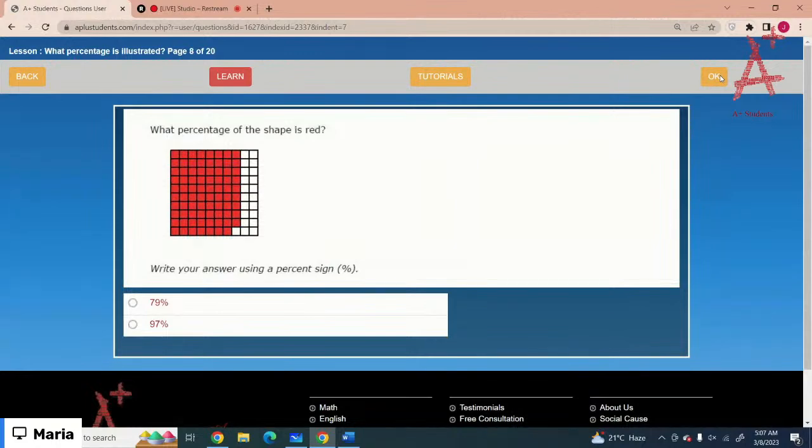Okay, what percentage of the shape is red? Very good. 79% of the shape is red. So the correct option is 79%.